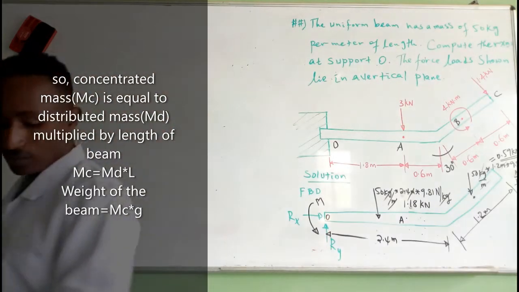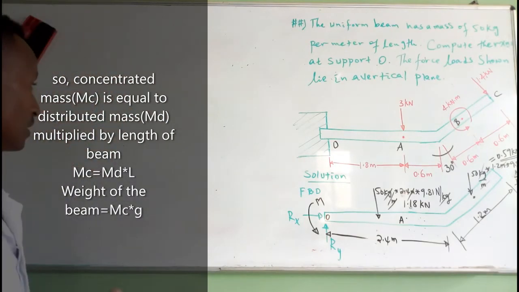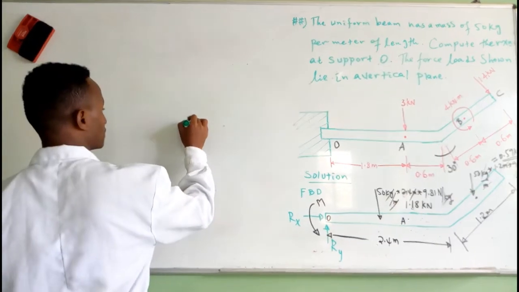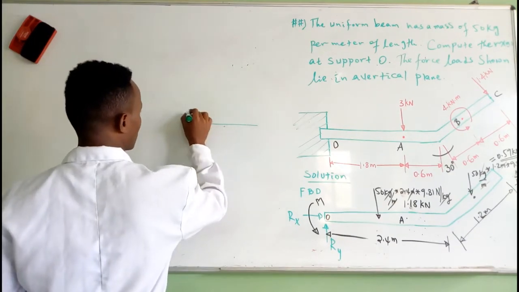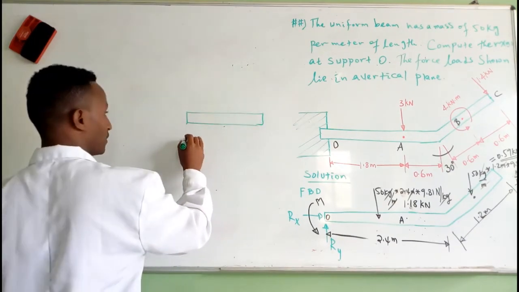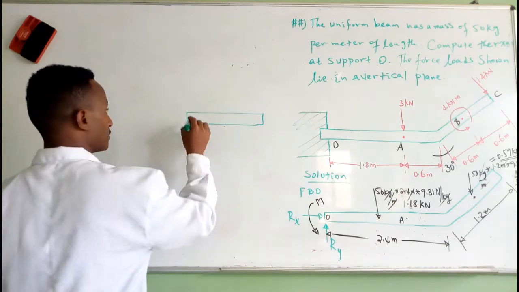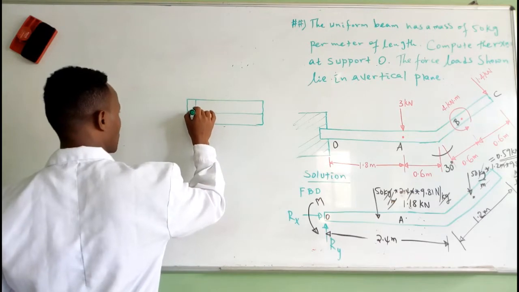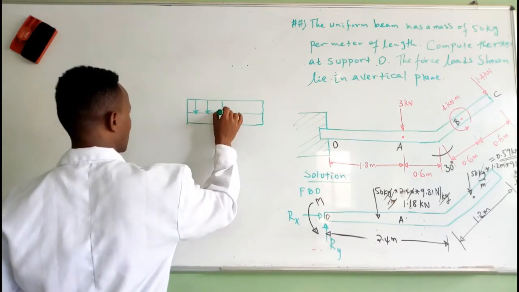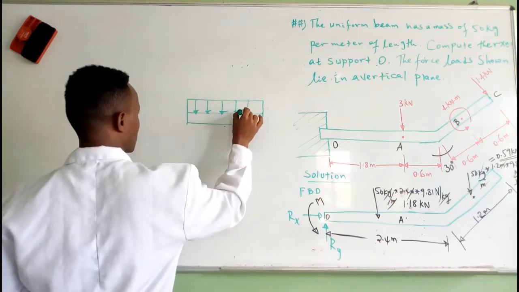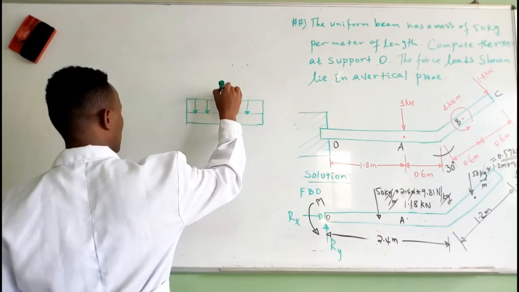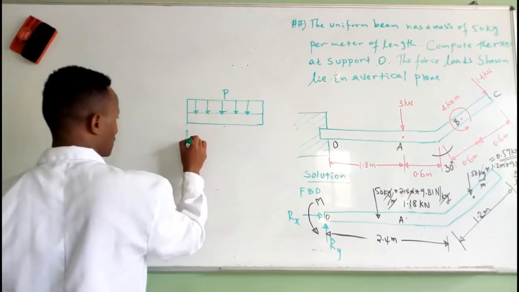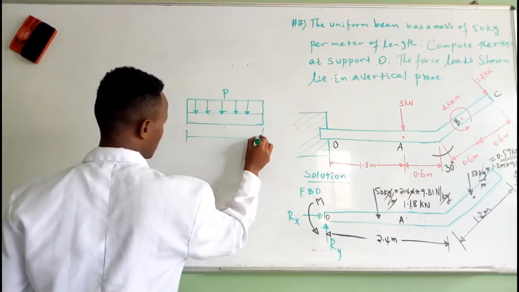So let me show how we can convert the distributed load into a concentrated load. If we have this beam given, and distributed load is here, this is the load P, let me say P, and this distance is x.